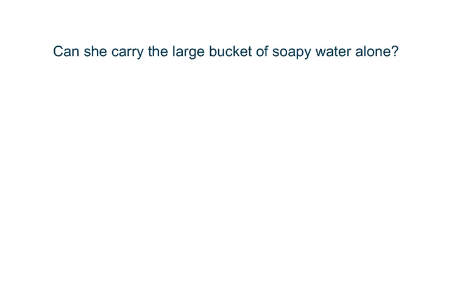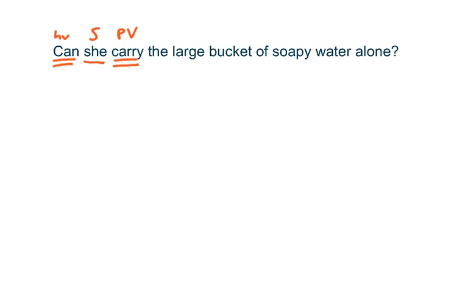She can carry the large bucket of soapy water alone. Okay, so here our subject is she. Look at that. Subjective pronoun. Can carry is our verb, right? Can is a helping verb. We can mark it if we want to. We don't have to. Carry is our predicate verb.